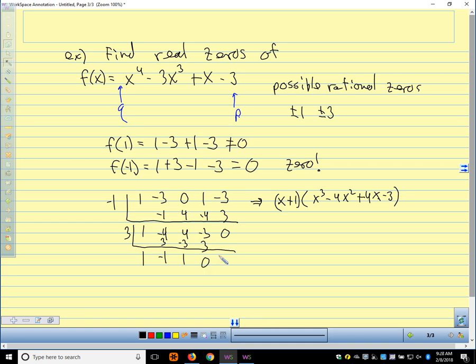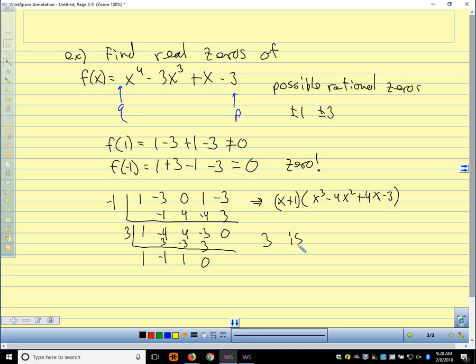There we go. Yes? Why can't you just say f of 3 and plug it in? You could. Usually it's easier to do the synthetic division than calculating it. And if your number is a little bigger, you'd have to do 4 to the 4th minus 3 times 4 to the 3rd. So you'd have to do those calculations. But with synthetic division, you just multiply and add. Okay. All right, so we found the other one.